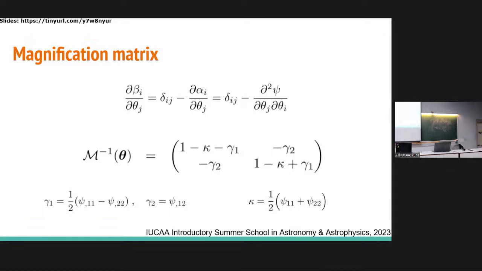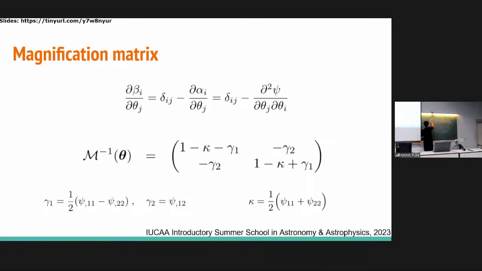How do we go from here to here, and what are the different components? First of all, notice this is delta_ij minus del 2 psi by del theta_i del theta_j. Now let's go back to the board and do some mathematical jugglery.